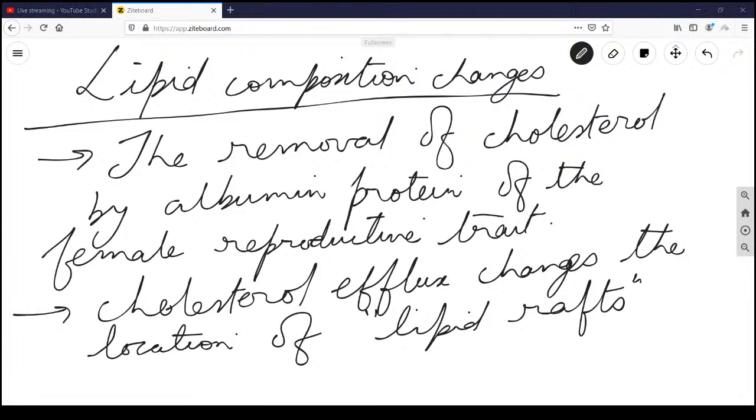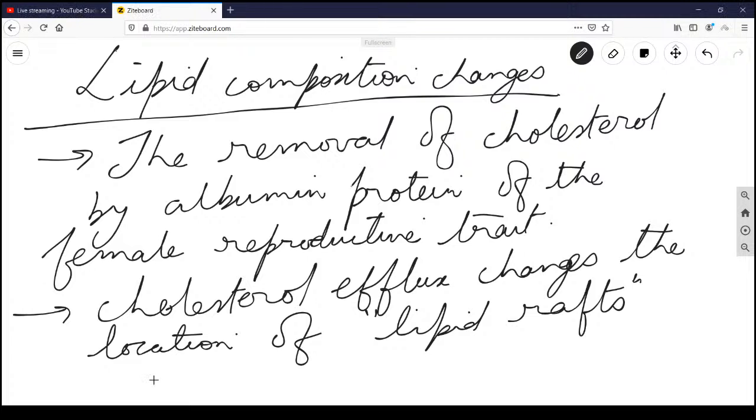Lipid rafts are nothing but isolated regions that contain receptor proteins in the sperm that can bind to the zona pellucida and participate in the acrosomal reaction. It will change the location of the lipid rafts in the cell membrane.